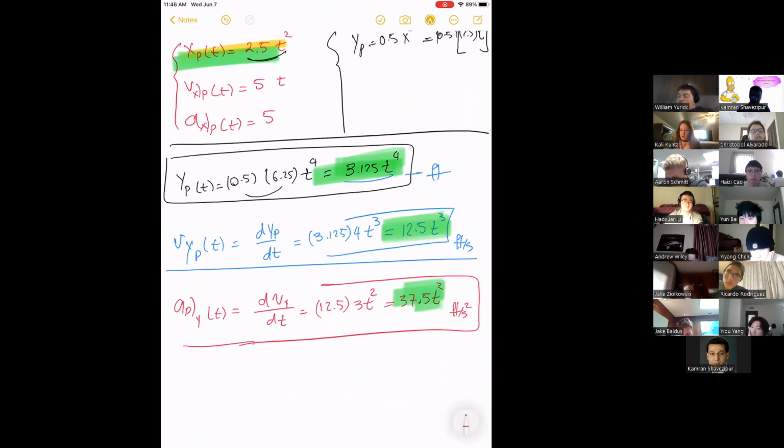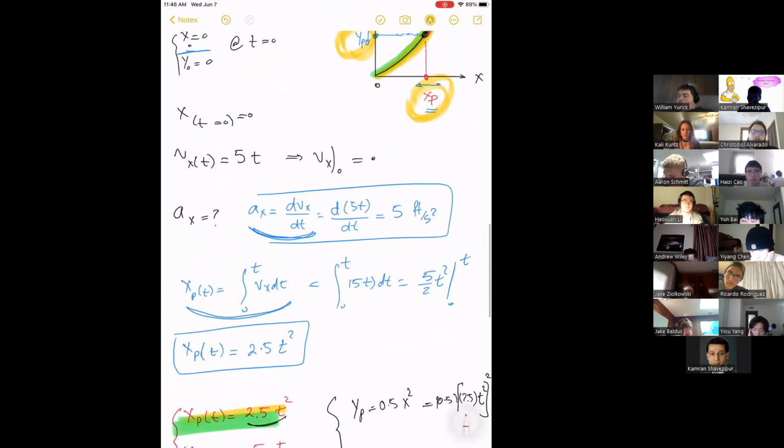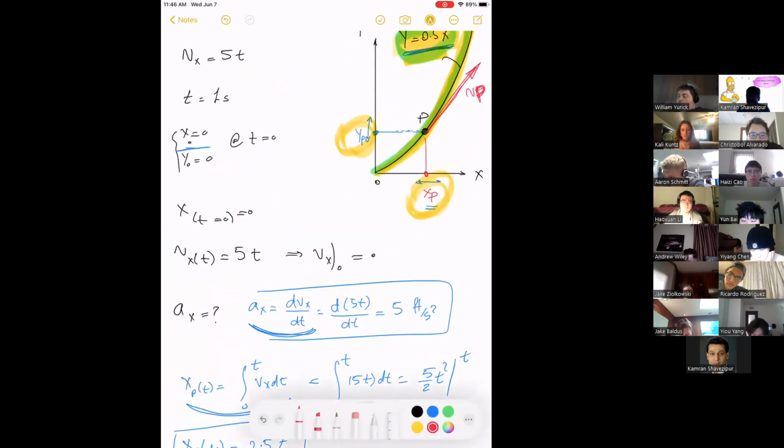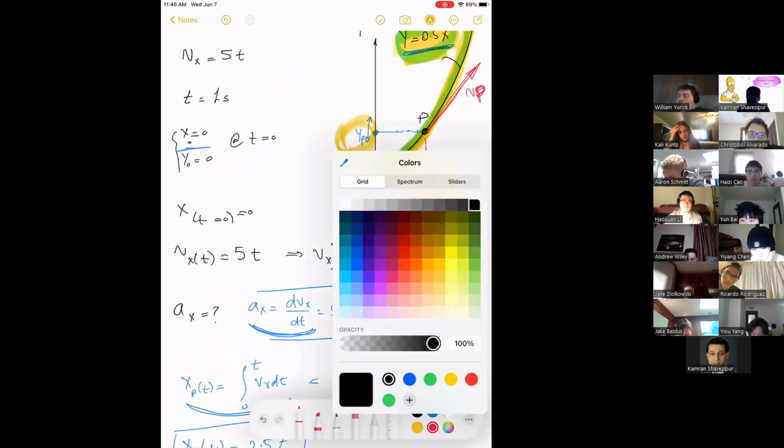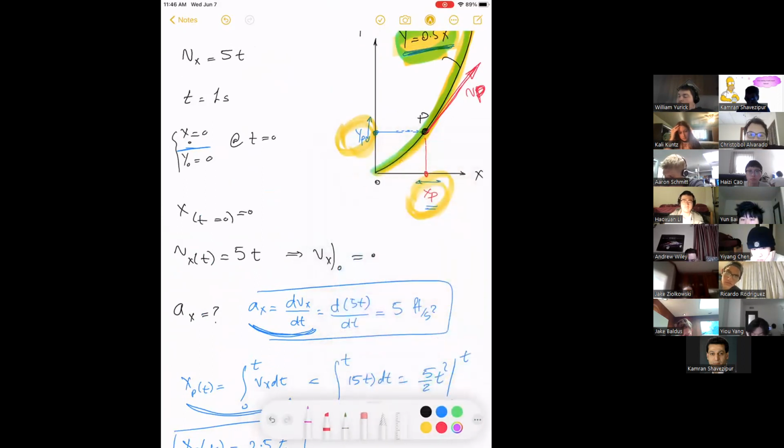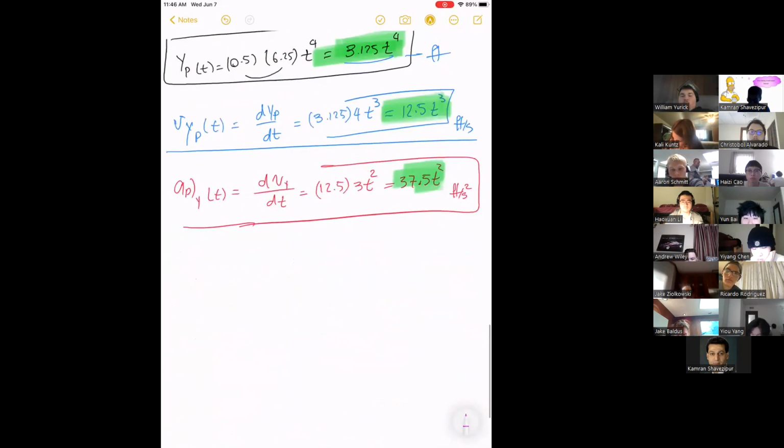So the problem asks us to find the particle's distance from origin. So technically, we need to find the length of this vector r. Can you see that? Or maybe I made, you know what, let me just redraw that.